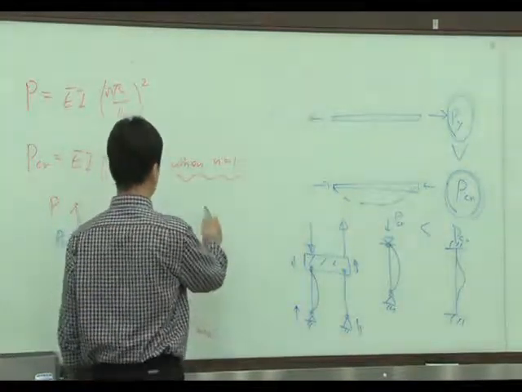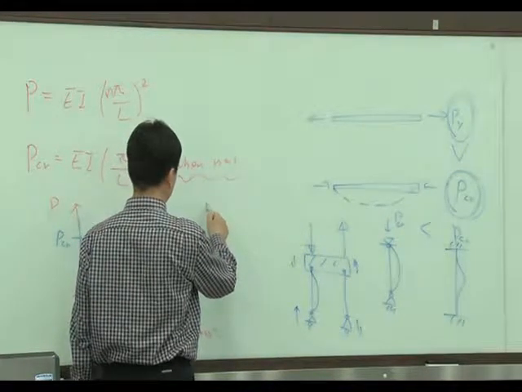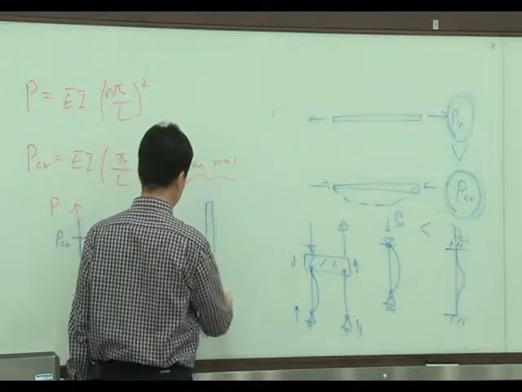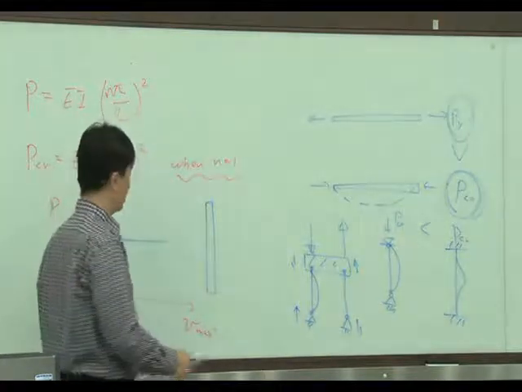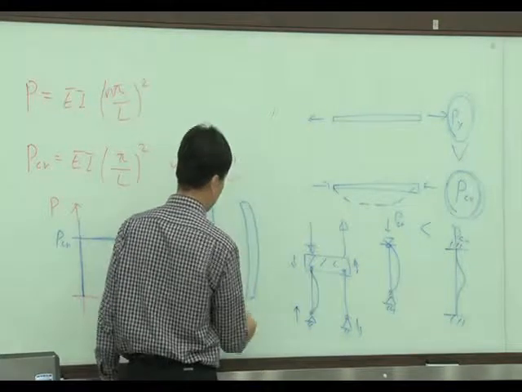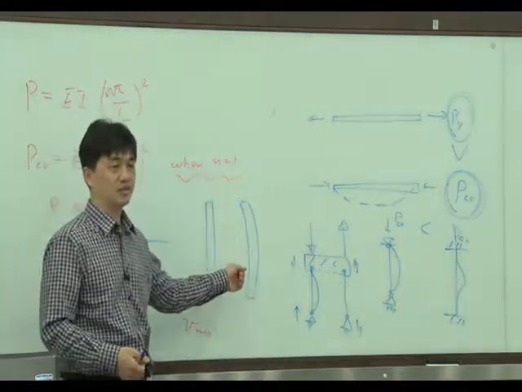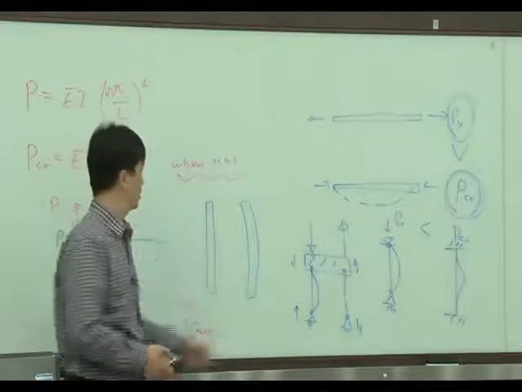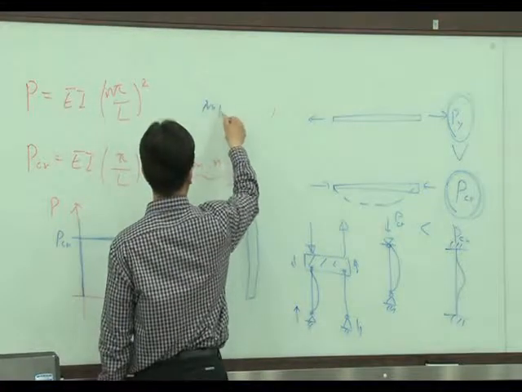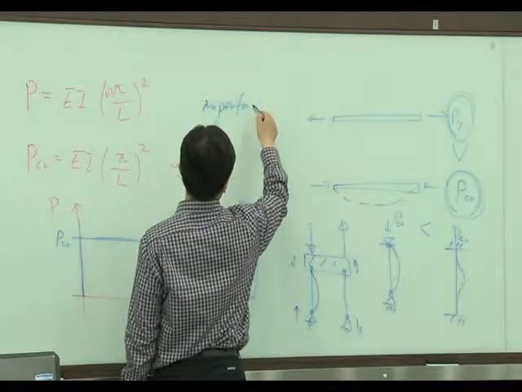One is geometrical imperfection. Here we have a column. We want to make a perfectly straight column, but in the real case it's already very slightly bent, right? Then this is a geometric imperfection.